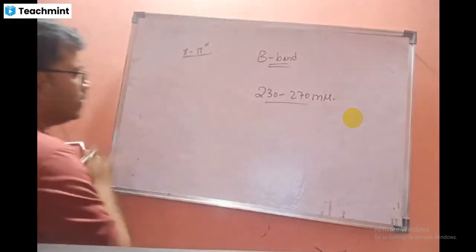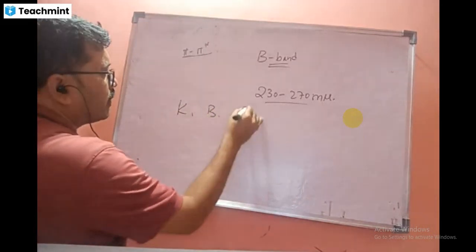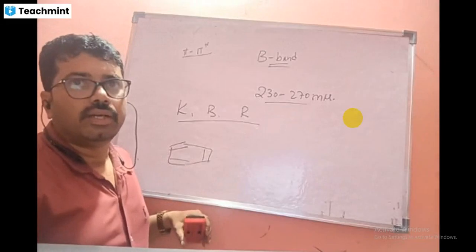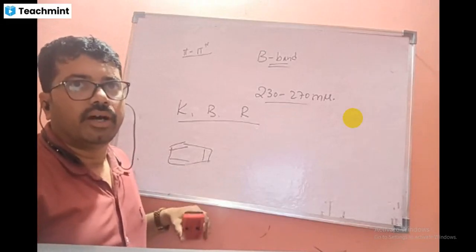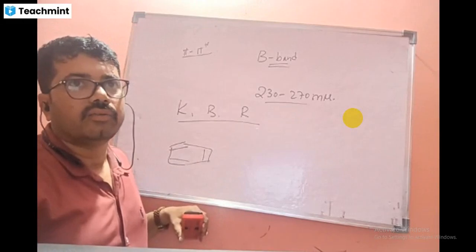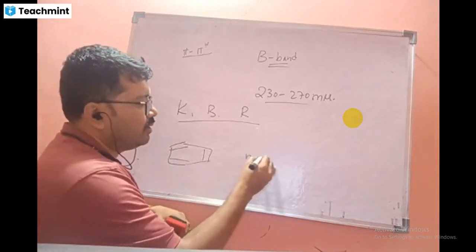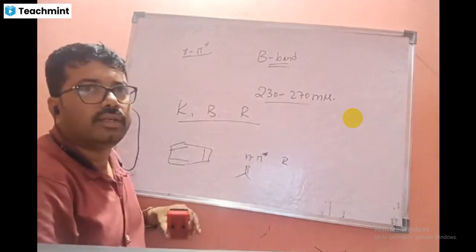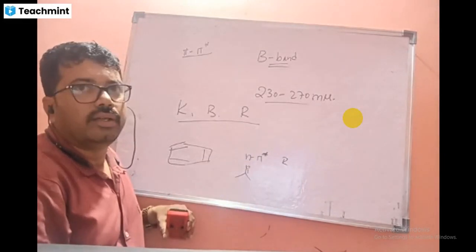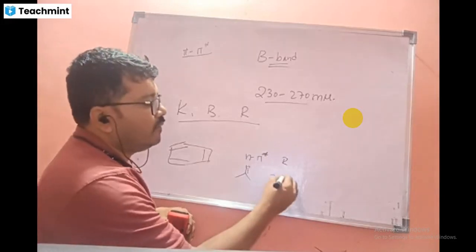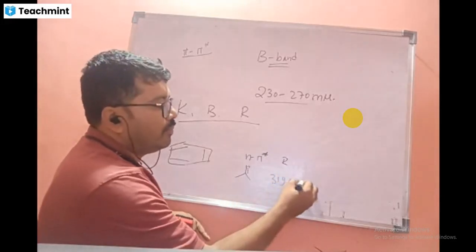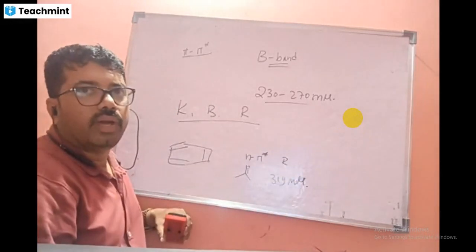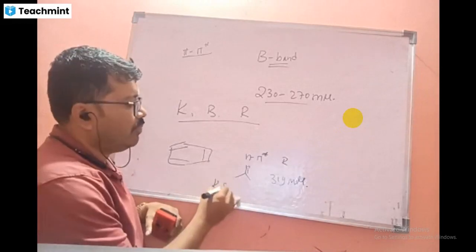K, B, R. The R band appears at longer wavelength, for example in acetophenone. The n to pi star transition is the R band, so in acetophenone the R band appears at 390 millimicron. While the K and B bands, what about them?